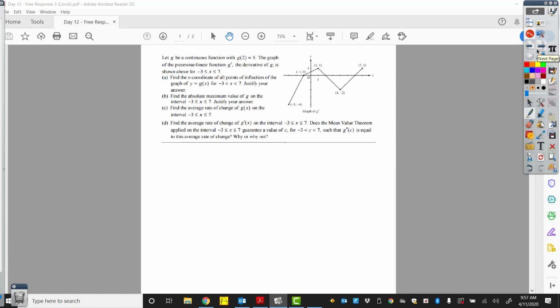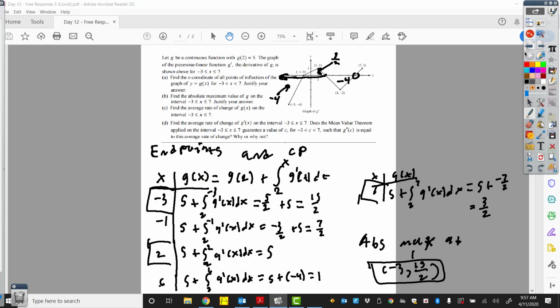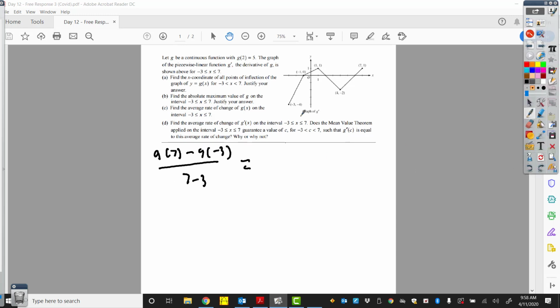This is what I consider to be the easiest part, especially because we already got most of the information we need. We need the average rate of change of g of x. Well, the average rate of change of g of x is g of 7 minus g of -3 over 7 minus 3. That's the formula for average rate of change. And we just found on this past part that g of 7 was 3 over 2, and g of -3 was 15 over 2.